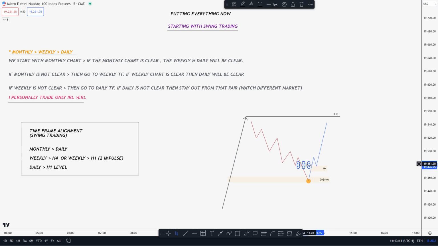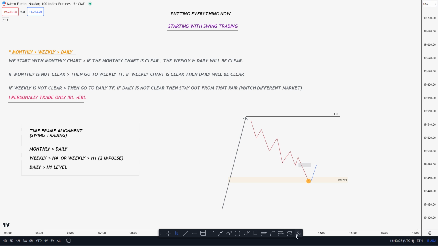We have this defense area on the 4 hour time frame. Let me delete this. Let's say we have this 4 hour bearish fair value gap, and we hit this weekly fair value gap. Let's say on 4 hour we see some momentum upside, but we have not created any bullish fair value gap for entry.